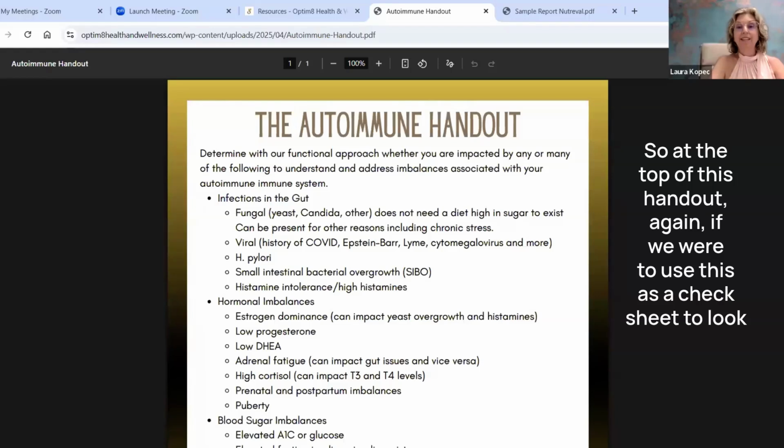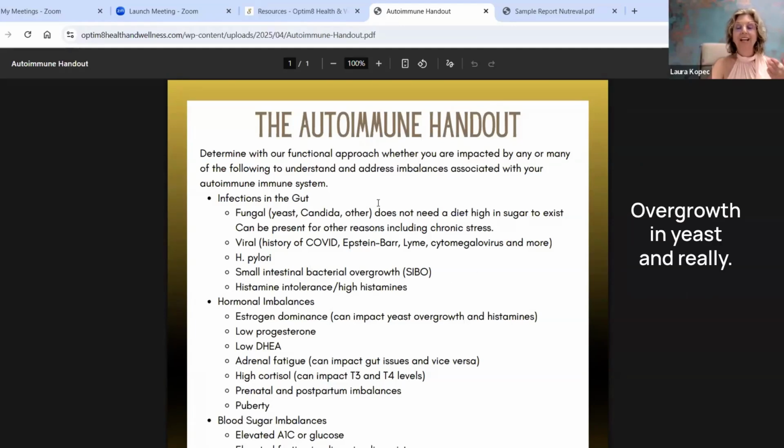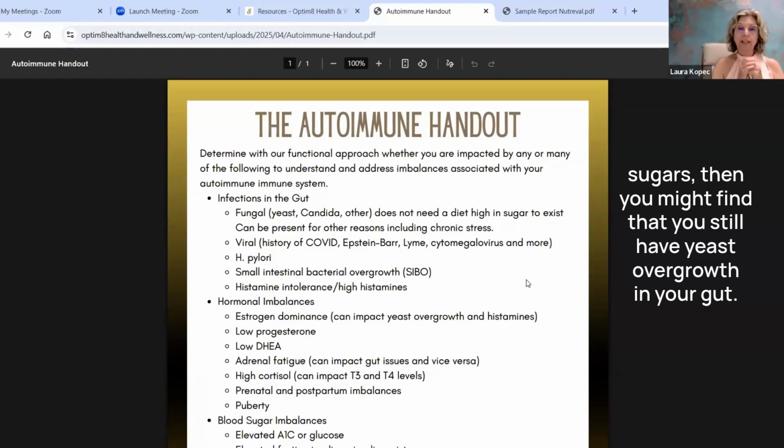So at the top of this handout, if we were to use this as a check sheet to look at what is influencing your thyroid, we're going to look at the gut health, right? Overgrowth in yeast. And really, if you suffer from chronic stress, even if you're not doing any refined sugars, then you might find that you still have yeast overgrowth in your gut.